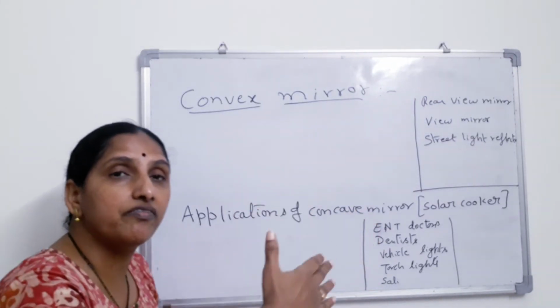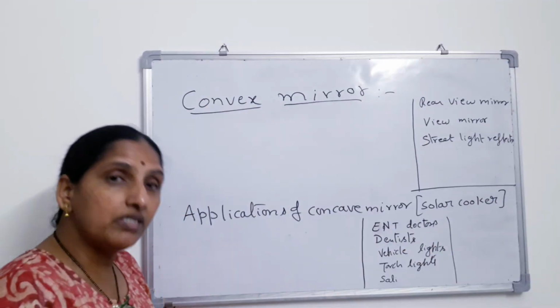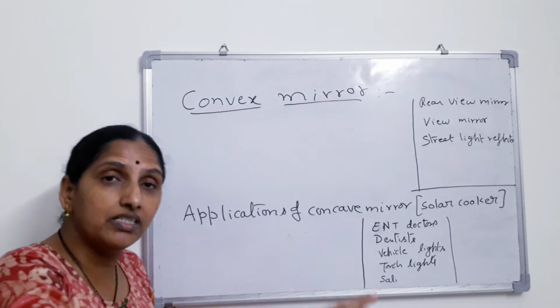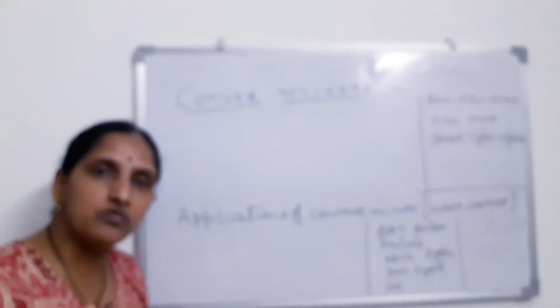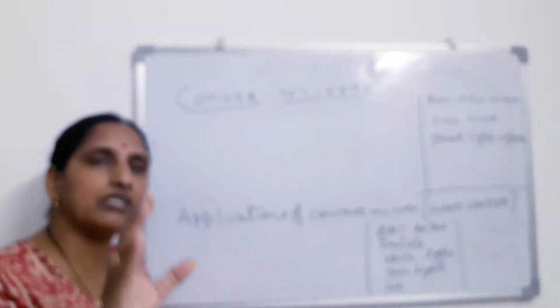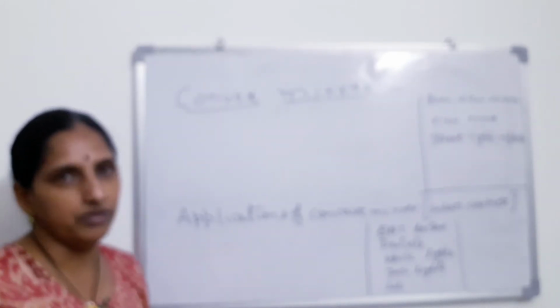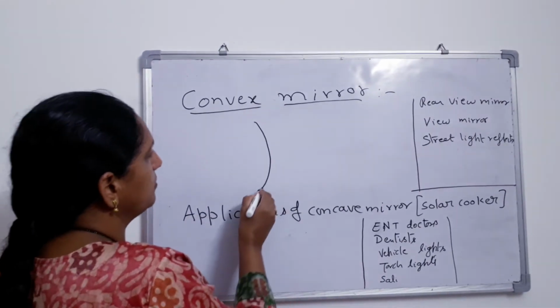In a concave mirror, when the object is at different locations, the image is of different sizes and different kinds of behavior. Here the image is always a virtual image and an erect image. So all these things together you can define as one particular case.